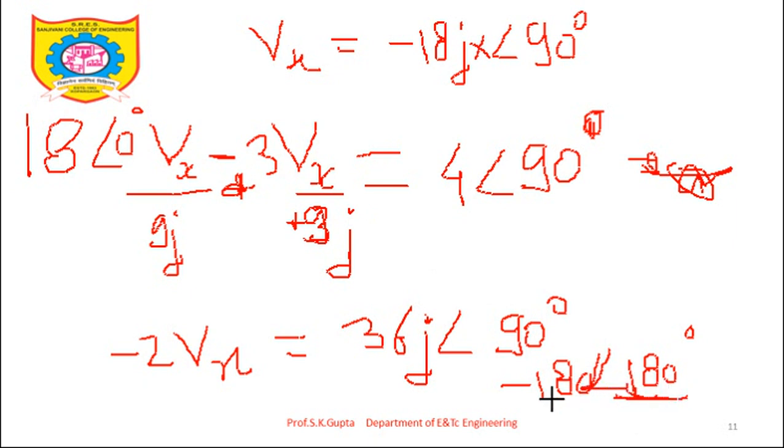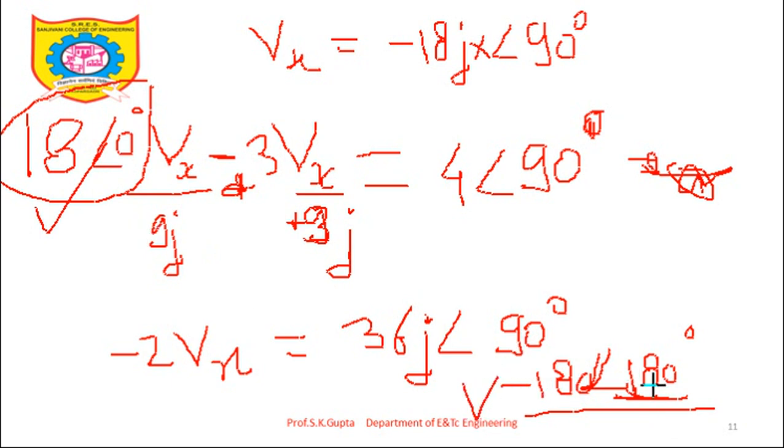Sign of 180 degree angle is negative. So that negative sign will come over here, and it is multiplied with this minus 18. So minus 1 into minus 18 becomes plus 18 with angle 0 degree. So this is the value of Vx, because these two are the same form. Minus 18 with 180 degree and 18 with 0 degree, both are the same form. Okay, don't get confused. These both are the same form. Even if you write your answer up to this, no problem. Okay, thank you.